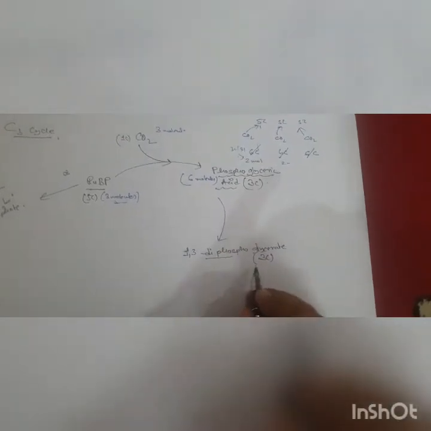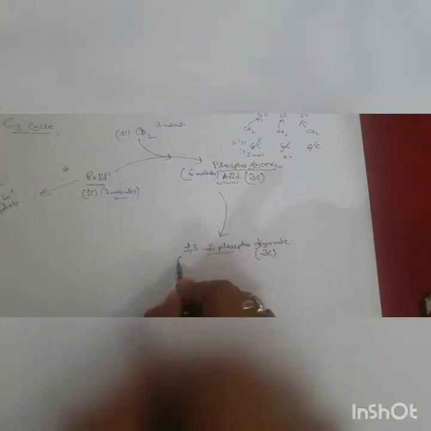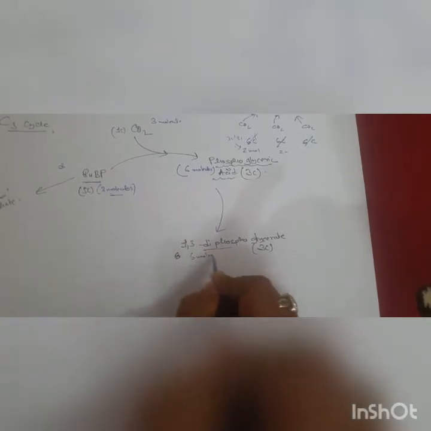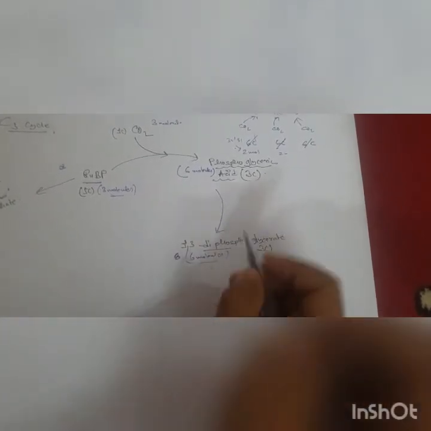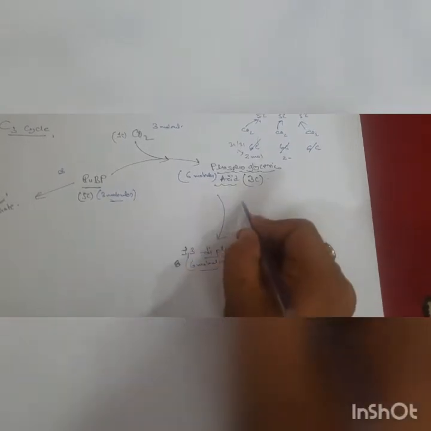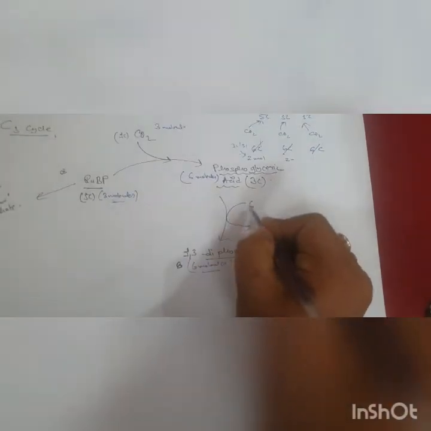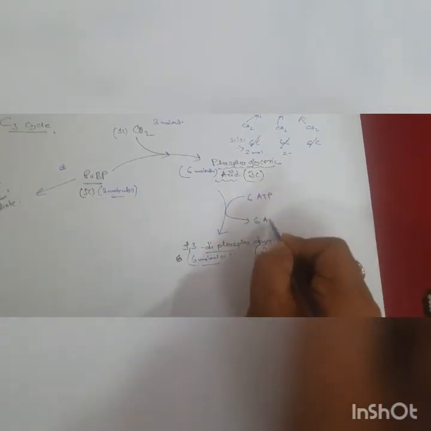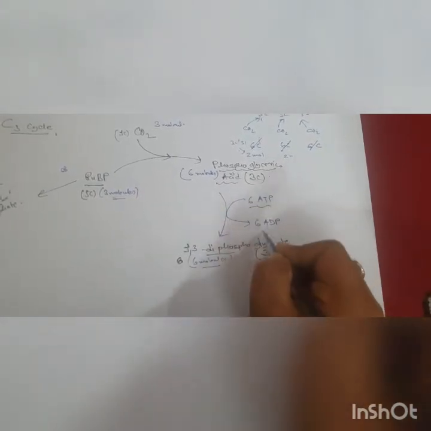Obviously the number of molecules will not be less, so here also there will be 6 molecules. But in each of the molecules there will be entry of 1 phosphate, because here there is only 1 phosphate, and here it is 1,3 diphosphate. So here we will understand that 6 ATP will become 6 ADP. Yes or no?